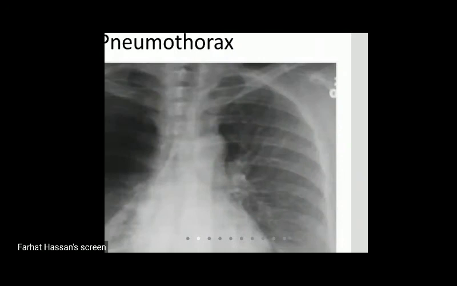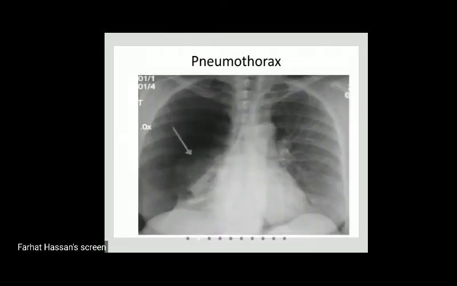What do you see? Increased translucency in the right side. Very good. This is a hypertranslucent lung field on the right side. And what abnormality do we see on the right side? Arrow mark. Collapsed lung margin. Yes, this is the collapsed lung margin. And what are the other positive findings?